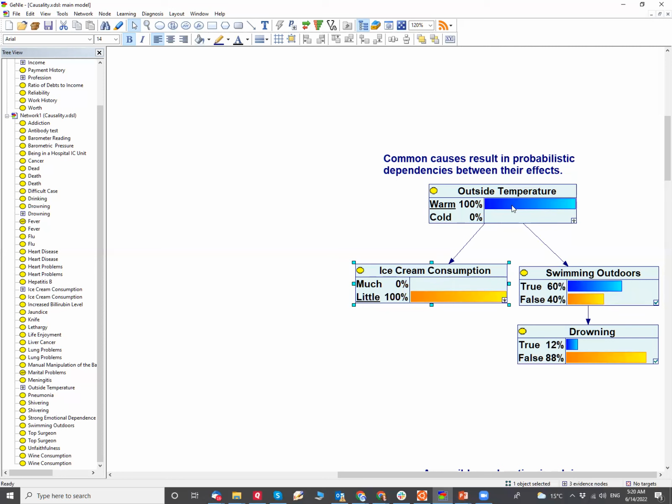If I know it's warm, whether a lot of ice cream was consumed or not doesn't matter. It does not impact drowning and swimming outdoors. But if I don't observe it, then there is a dependence, which through a chain first, and then through a common cause gets here. So common causes result in effects.